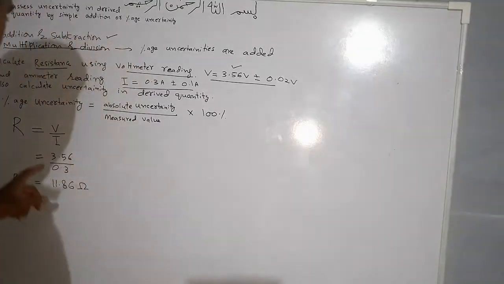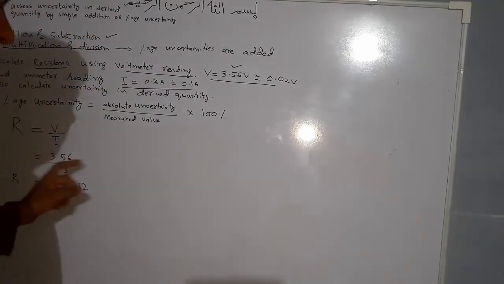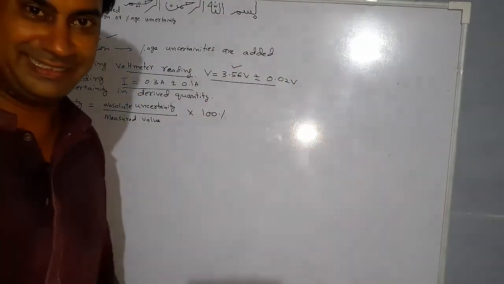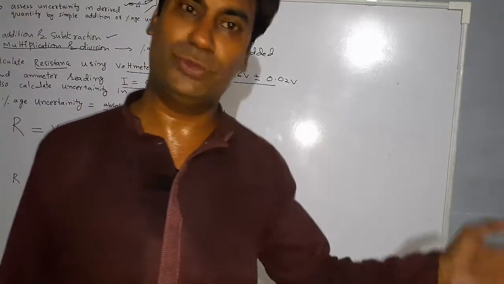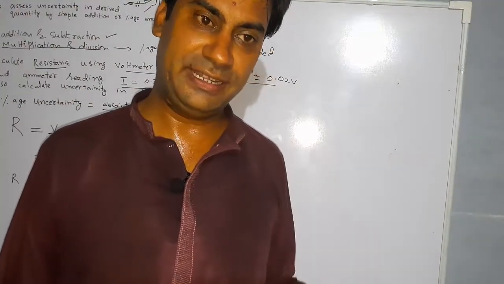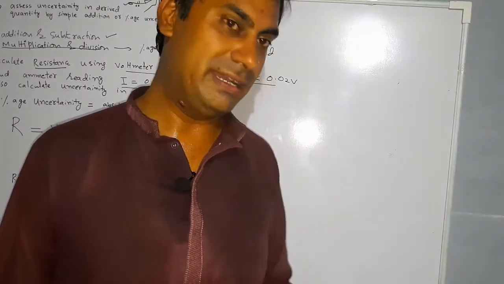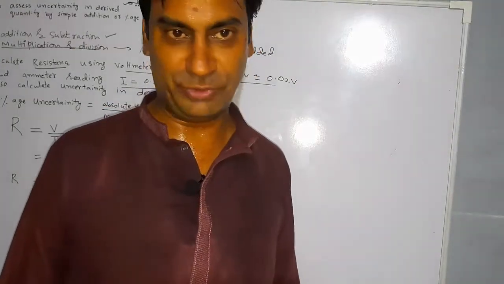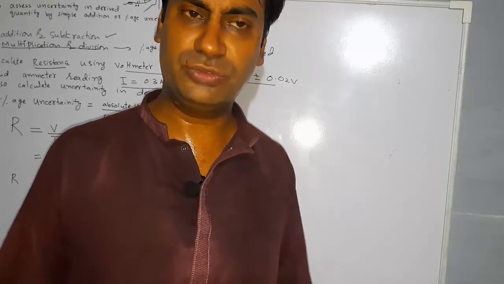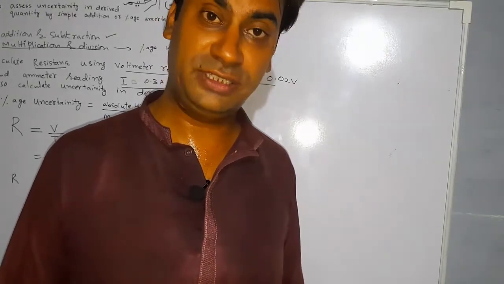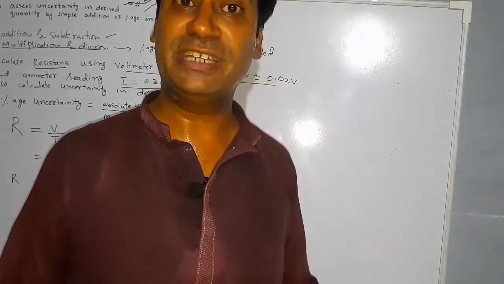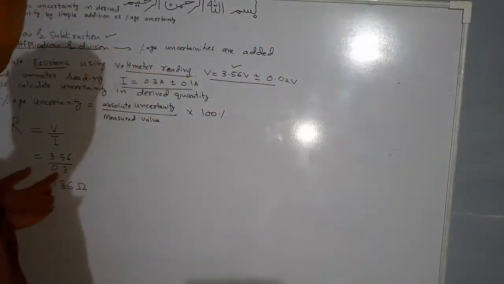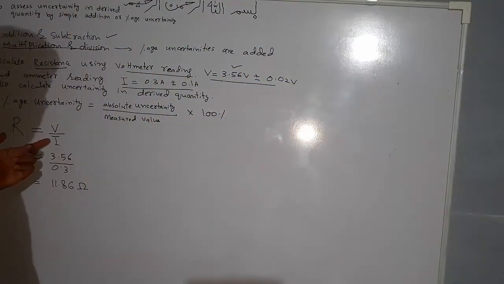These two sources are used here. If there is any other irrelevant source, we do not discuss it. Resistance depends on voltage and current, so we only calculate the percentage uncertainties of those quantities involved in the measurement.